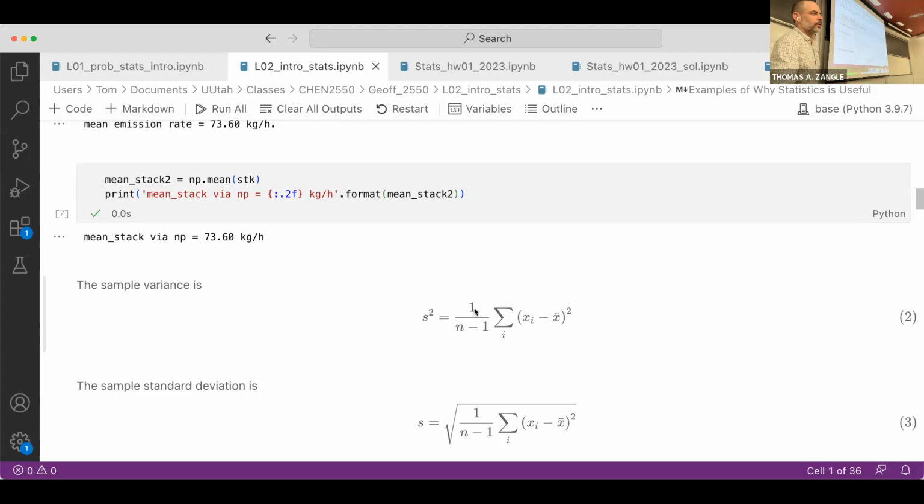Because remember, we had two different formulas for variance, depending on whether we have the population or the sample. And it's a subtle point, but in this case, actually, the difference is pretty large. Yeah. Like, in what context are you going to use the sample mean versus the population? So if you had all values of the population, right?